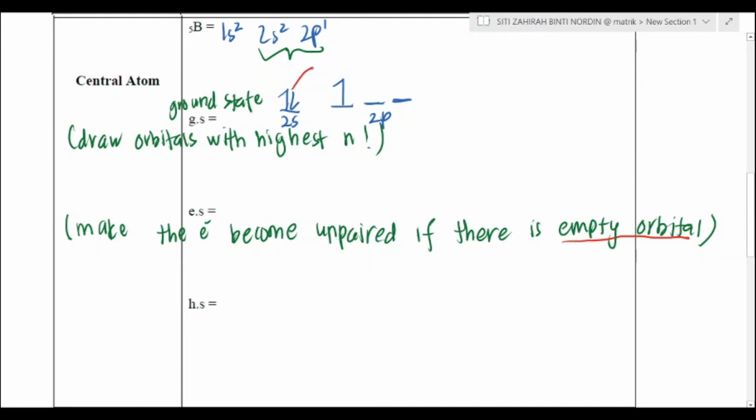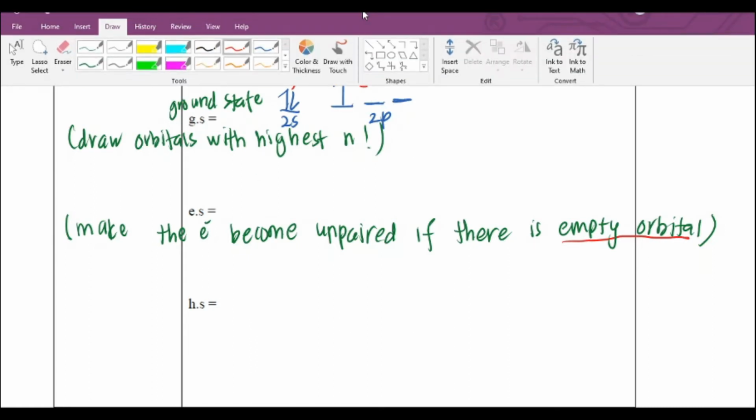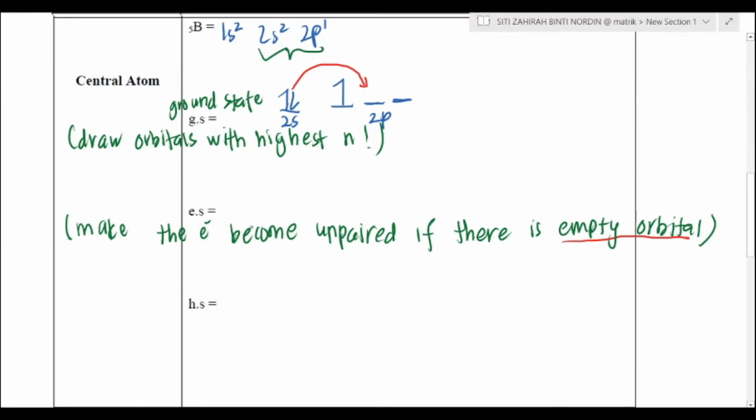So yes, you can excite this electron to this empty orbital of 2p. So for the excited state, 2s now only has 1 electron and 2p now has 2 electrons. Remember that yes, you can change the spin of this electron from negative to positive half.